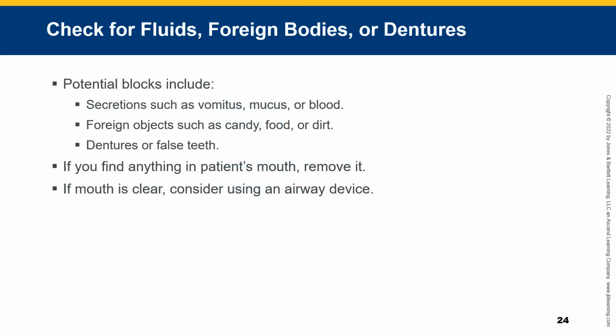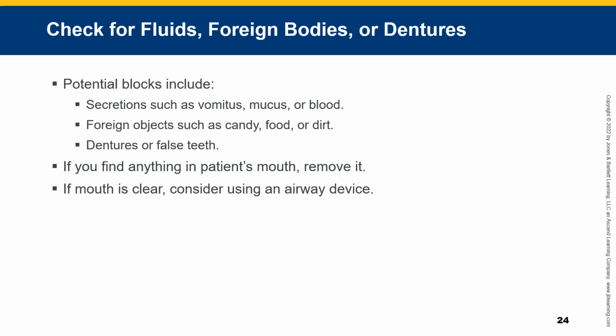You also want to check their oral airway, or check their mouth for fluids, foreign bodies, or dentures. After you have opened their airway, you want to look into their mouth to see if anything is blocking the airway, anything visible, whether it be fluids, dentures, food, etc. These potential blocks include secretions of vomitus, mucus, or blood, foreign objects such as candy, food, or dirt, or dentures or false teeth.